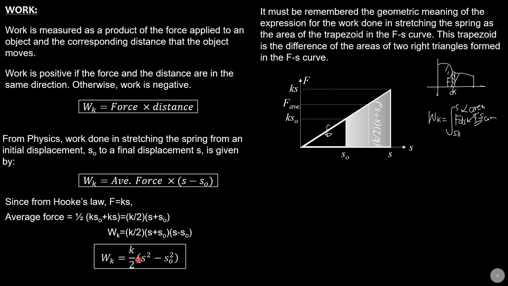I hope that you can derive it from this equation. Then the area of this unshaded region, this right triangle, is 1/2 SO times KSO. The height is KSO. And that is K over 2 times SO squared. So this equation is geometrically interpreted as the area of this trapezoid, this shaded area here. So I hope you can remember that.